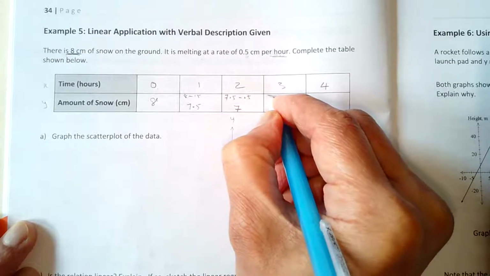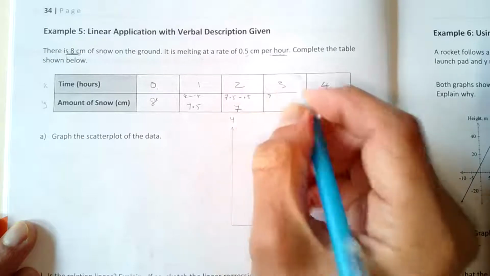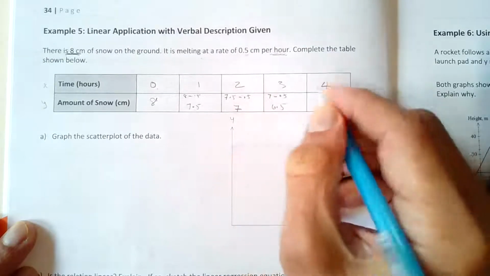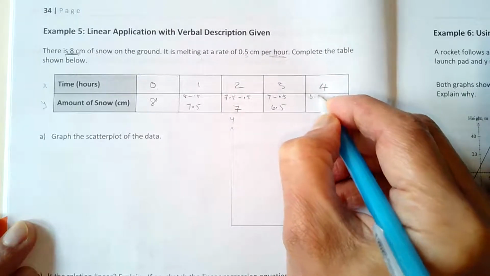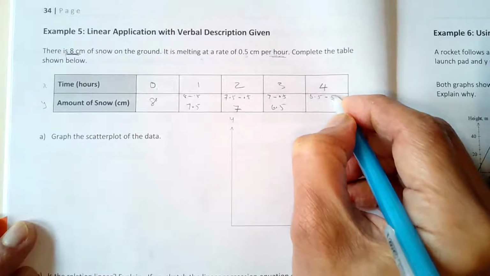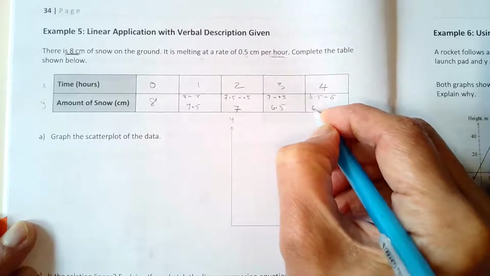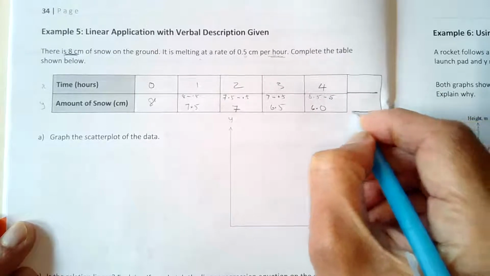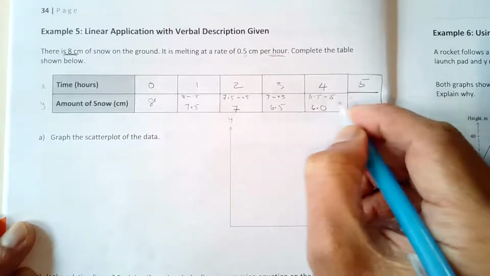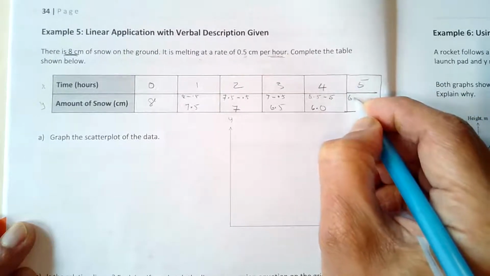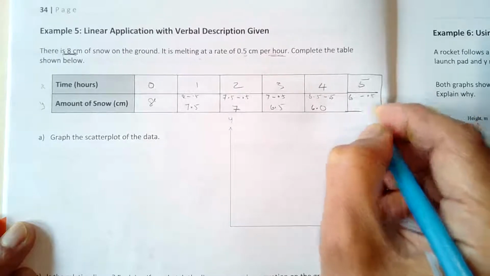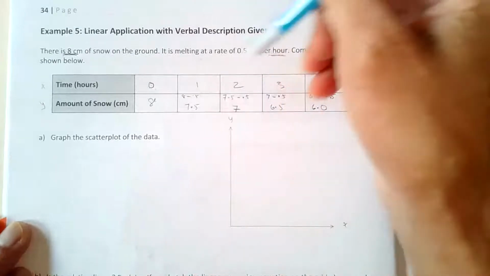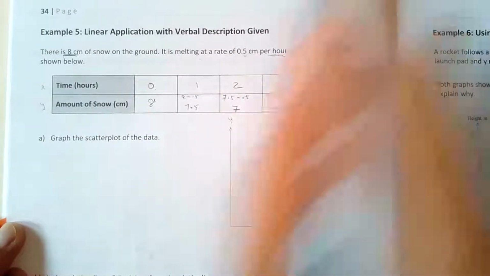Third hour, 7 minus 0.5 gives you 6.5. And finally, 6.5 minus 0.5 will give you 6. You can continue, just do one more for the fun of it. Hour 5, 6 minus 0.5 will give you 5.5 centimeters. So you can see the trend. Notice it's decreasing.